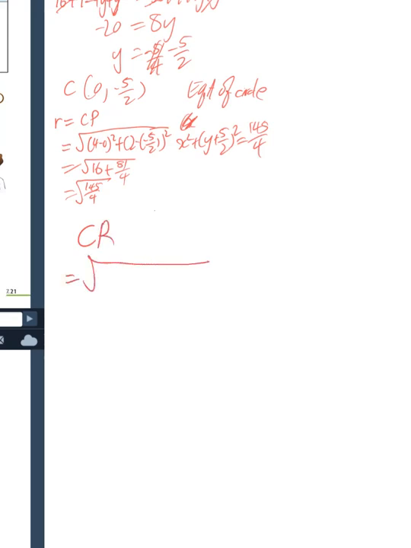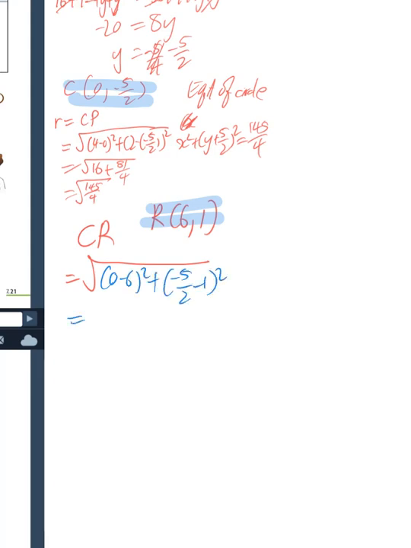The point R is (6, 1), and I've already found C in part A. By distance formula, that should be (0 minus 6) squared plus (-5/2 minus 1) squared. That should be 36 plus 49/4.